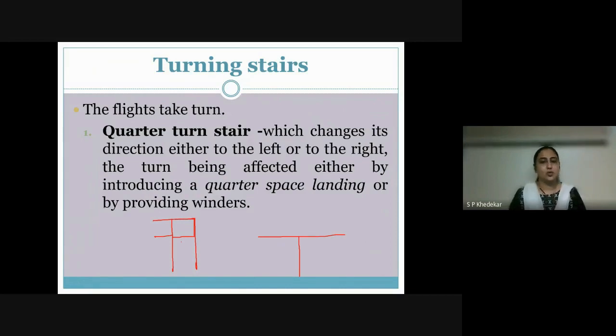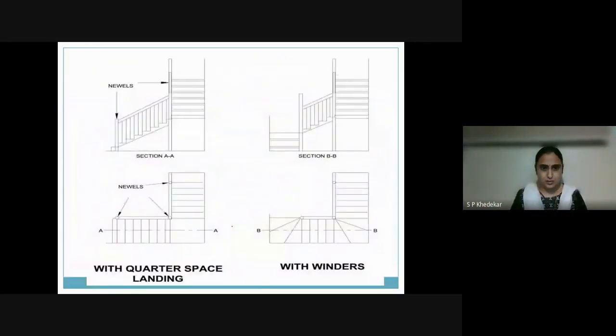Hence it is called a quarter turn stairs. And in this part I can keep a plain landing or I can give winders like this. As we can see over here, this is the plan. We can see one flight and then it completely changes direction either to the left or to the right.